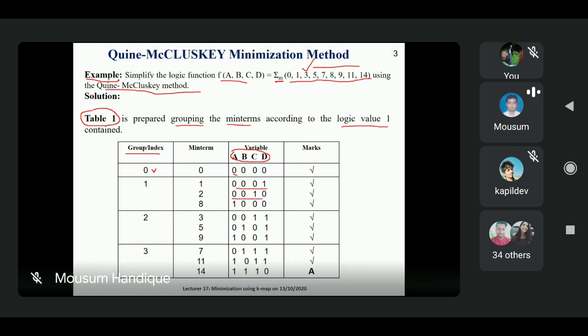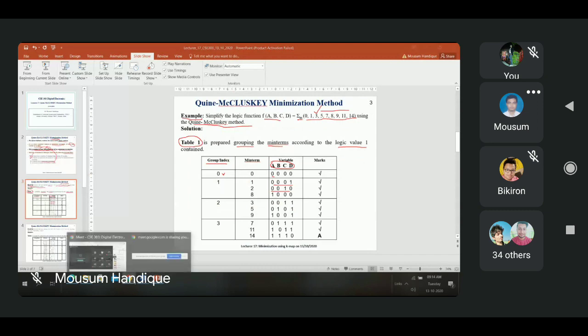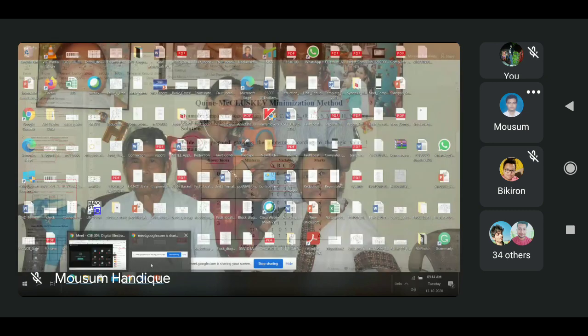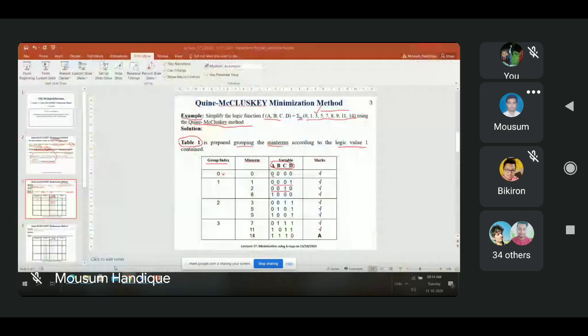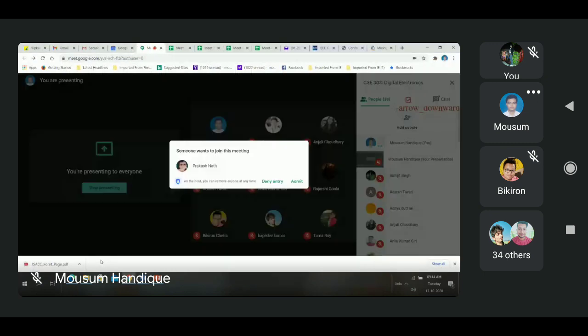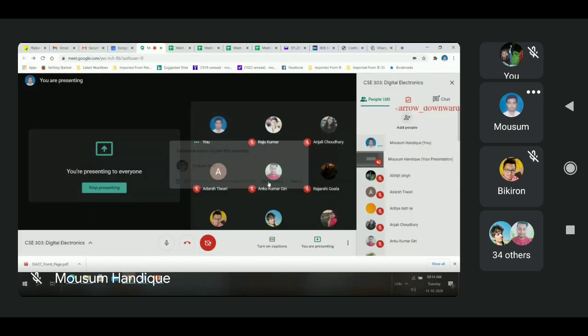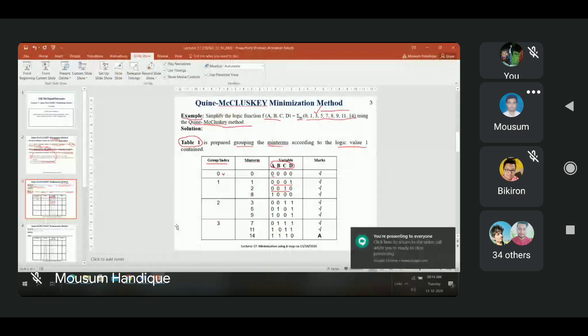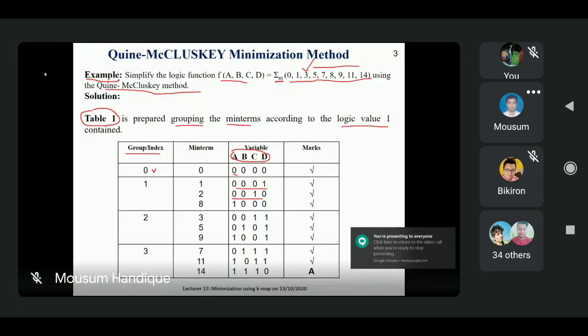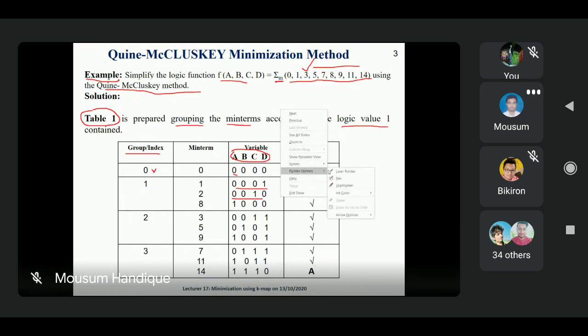How many ones occurred? Only 1 occurred here. So these minterms form one particular group.